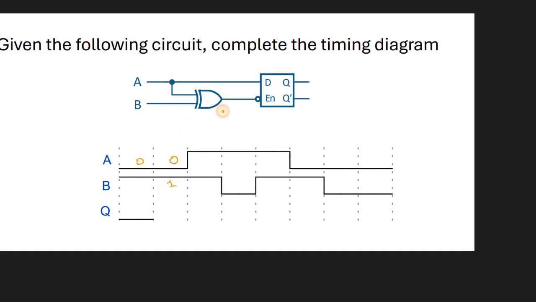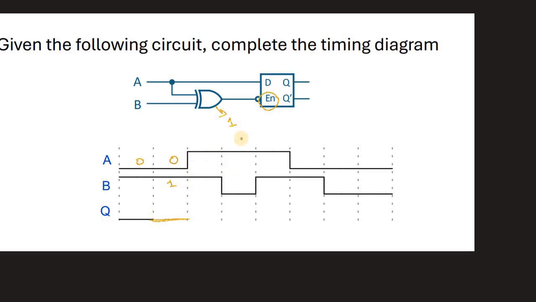What do you get for the exclusive OR? Since it's an exclusive OR, we get 1. Since we get a 1 for the enabler, it's going to depend on whatever the D input is, and D is connected to A, so it depends on whatever A is. A is 0, so the output is going to be 0. Previously it was 0, so it's going to follow this.